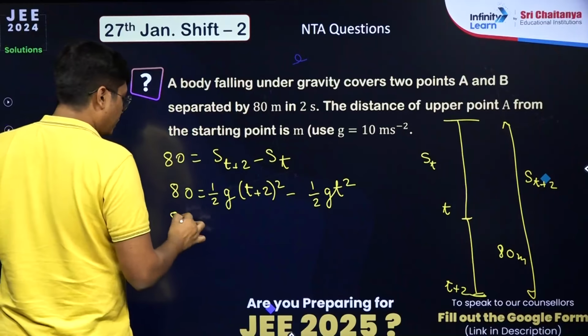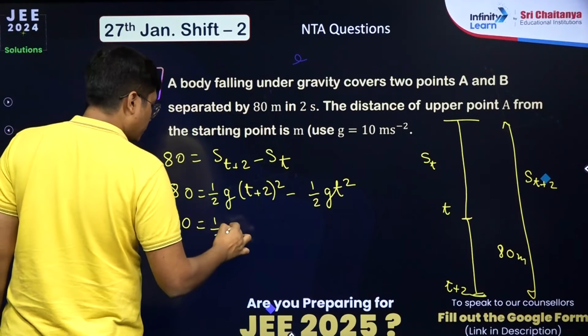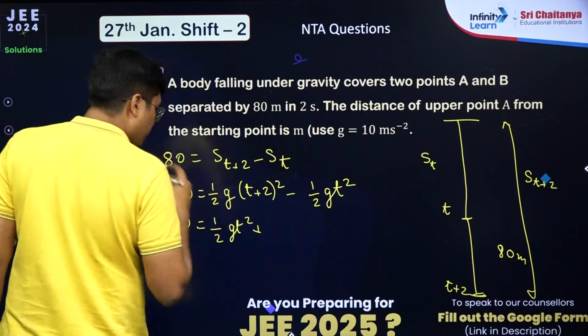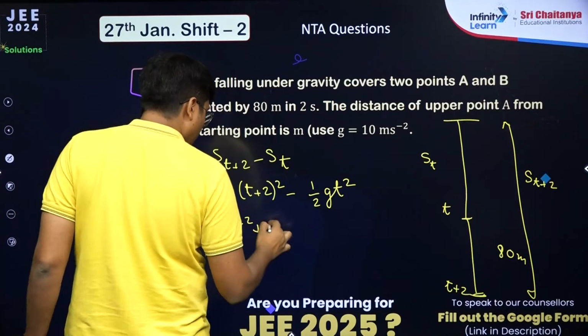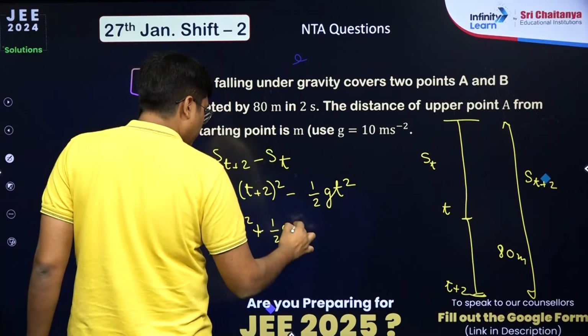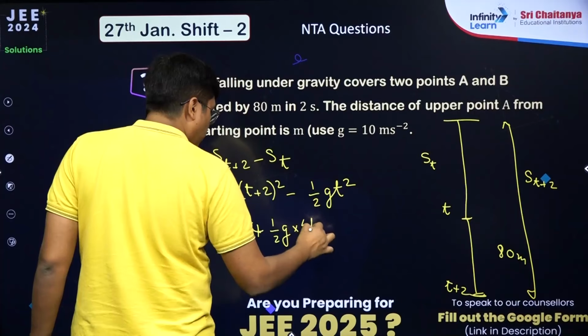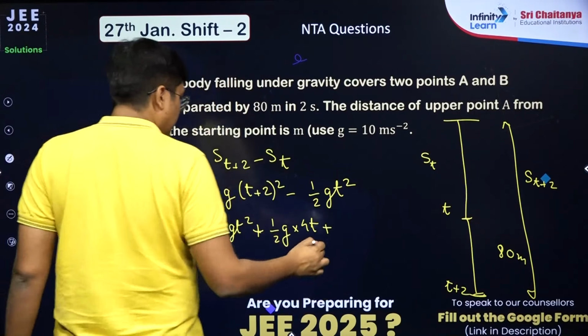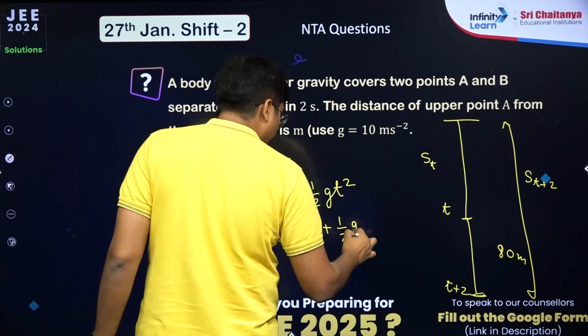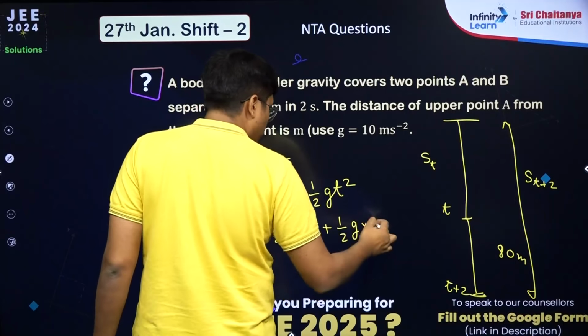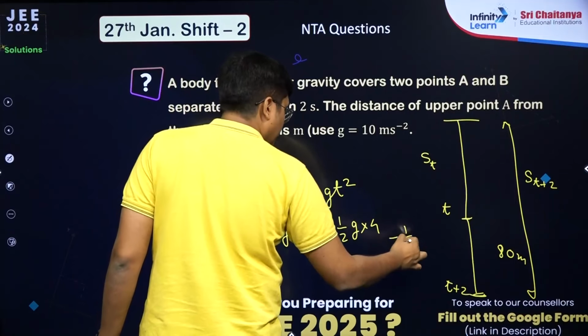So 80 is equal to half gt square plus half g into 4t plus half g into 2 square, which is 4, minus half gt square.